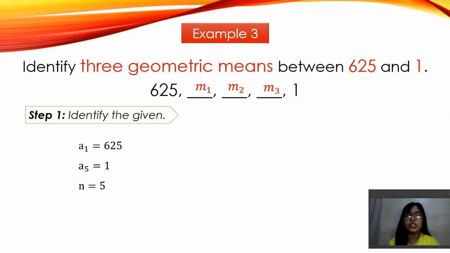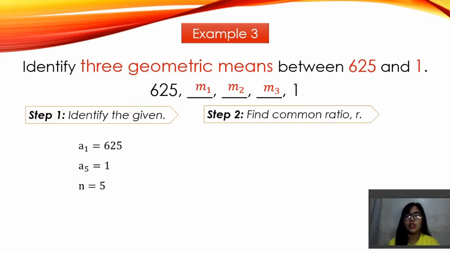Now, we will use this given to find the common ratio, r. We will substitute this given in this equation: a sub n is equal to a sub 1 times r raised to n minus 1. So, let us first substitute n. That will be a sub 5 is equal to a sub 1 times r raised to 5 minus 1. Now, we have the value for a sub 5, which is 1, and a sub 1, which is 625.